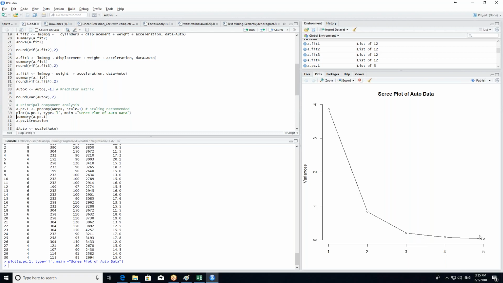This is my elbow, right? This elbow is kind of okay, but 83% is definitely not okay. Maybe you need more.